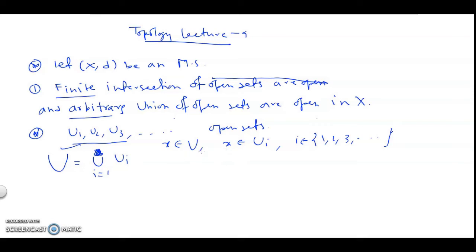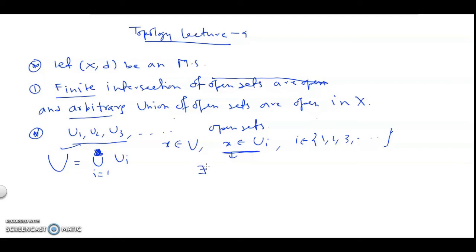So since x belongs to some U_i, it may be U3, it may be U4. If x belongs to any one of the U_i's, then obviously this x will come into the union. So suppose x belongs to U_i, any one maybe.